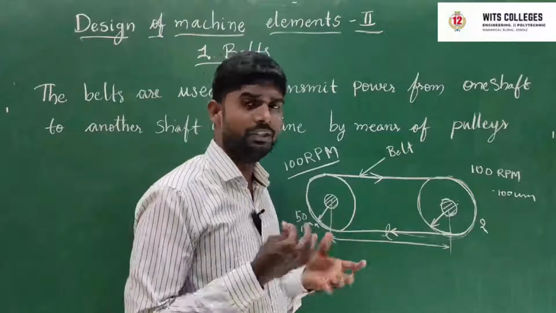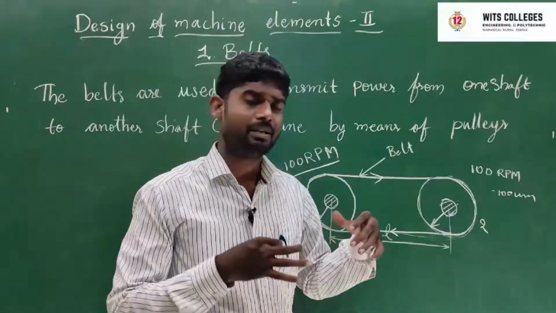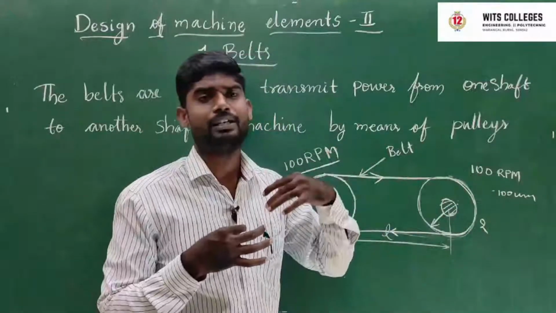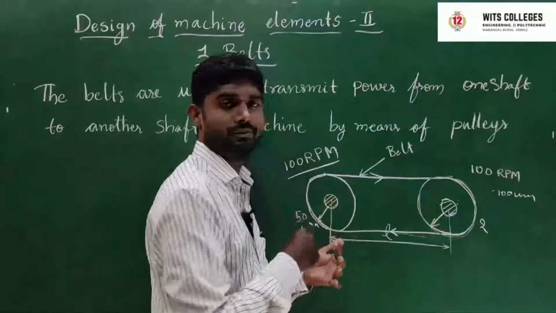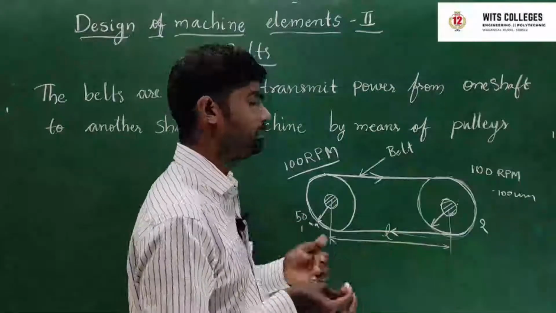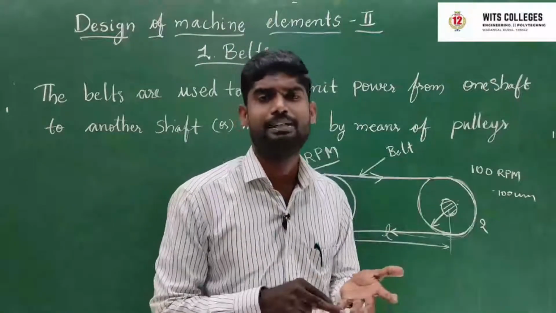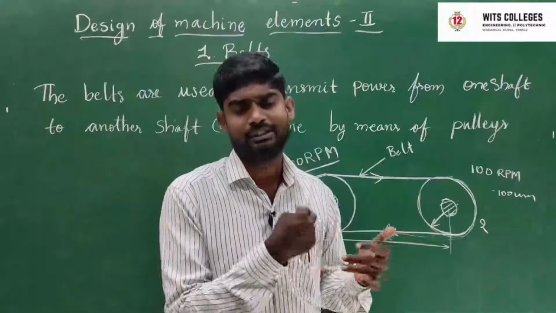Actually, what is a belt? A belt is majorly used to transmit power from one shaft to another shaft, or from one shaft to a machine, or one machine to another machine, using pulleys. Belts are divided into some types like V-belt, flat belt, and ropes, which we will discuss later.